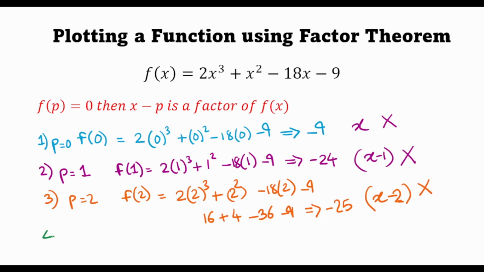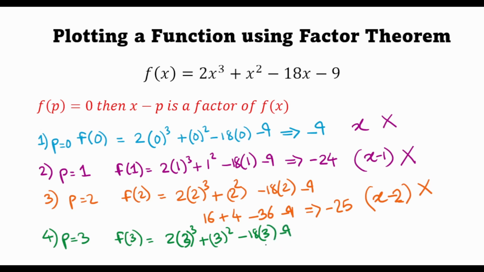Let's now try with p equals 3. Then f of 3 would be equal to 2 times 3 to the power 3 plus 3 squared minus 18 times 3 minus 9.